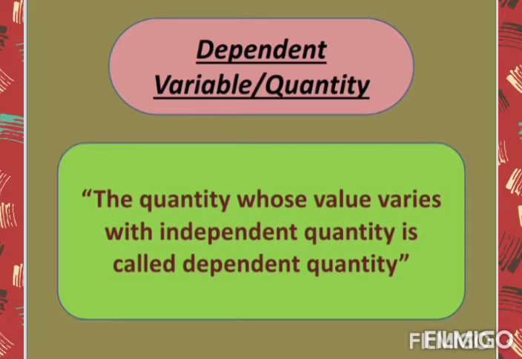It means the quantity whose value changes with respect to the independent quantity is called dependent quantity. For example, your percentage depends upon your exams. As time passes, your percentage increases or decreases. It means that it depends upon your exams.